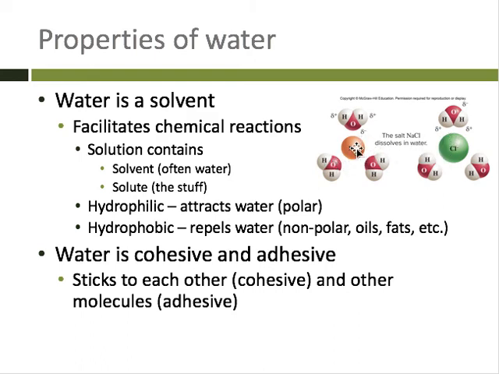They're going to disrupt this bond between sodium and chloride. And the way they do it is that the negatively charged end, the oxygen end of all of the water molecules, is going to be attracted to the sodium. And the positively charged end, the hydrogen end, is going to be attracted to the anion, the chloride ion. And it's going to disrupt the bond between these two.